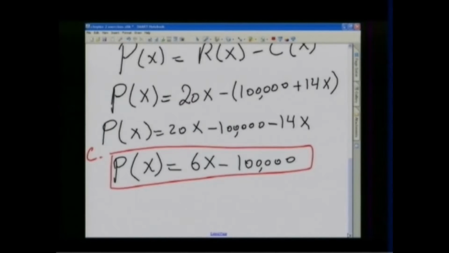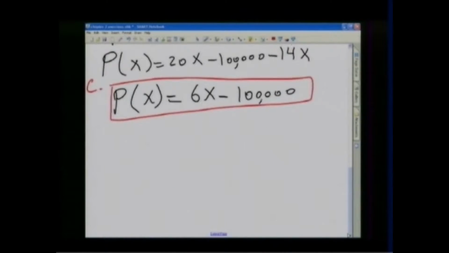D says compute the profit or loss corresponding to production levels of 12,000 and 20,000. So what they are telling you is if X is equal to 12,000, how much is the profit? All you have to do is evaluate this function at 12,000. In other words, find P of 12,000.